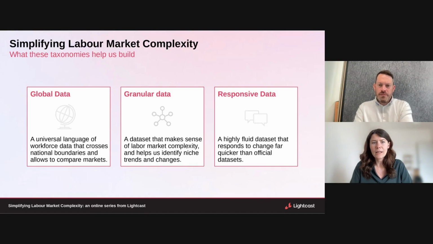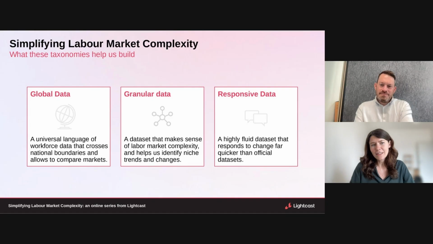And therefore, the Lightcast occupation taxonomy, as well as the skills taxonomy, add value in there because they help us identify emerging trends as soon as they appear, because we update them regularly. So these are the key three topics that we want to explore a little bit more today.